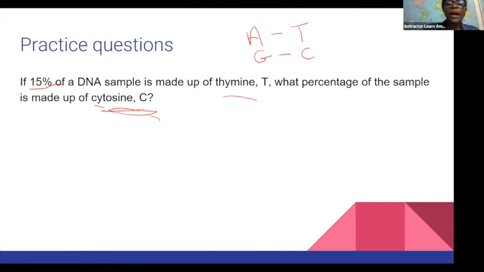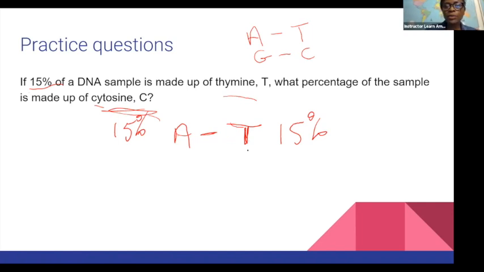So here we go. That should have given you ample time to go through this. Let's see how you did. So if A pairs up with T, and they're telling you that 15% of the strand is made up of thymine, that means 15% has got to be made up of adenine on the DNA strand, because wherever T is, A's got to be there.